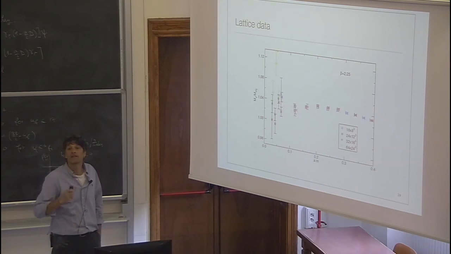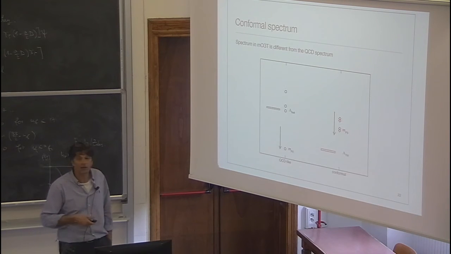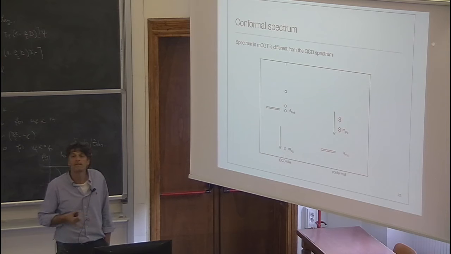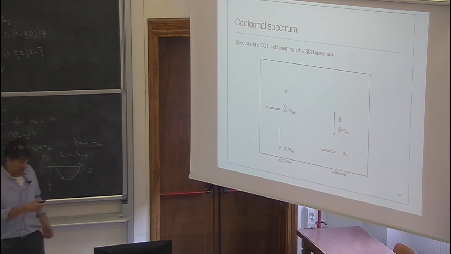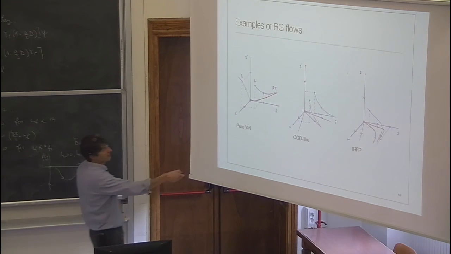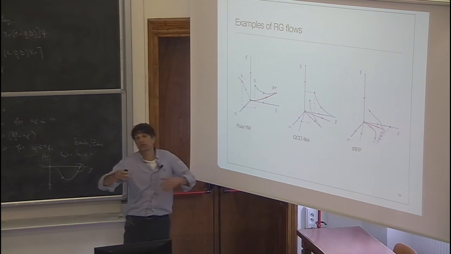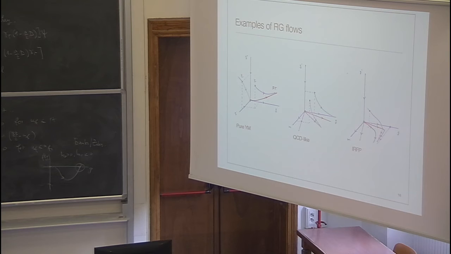Yes? Sorry. Your lambda hadron in the last slide, on the left. Does that depend on which angle you're approaching this fixed point at? Yeah, of course. You can have any one of these theories, and they will have a different spectrum, okay? But it will always be finite. That's the important thing, right?